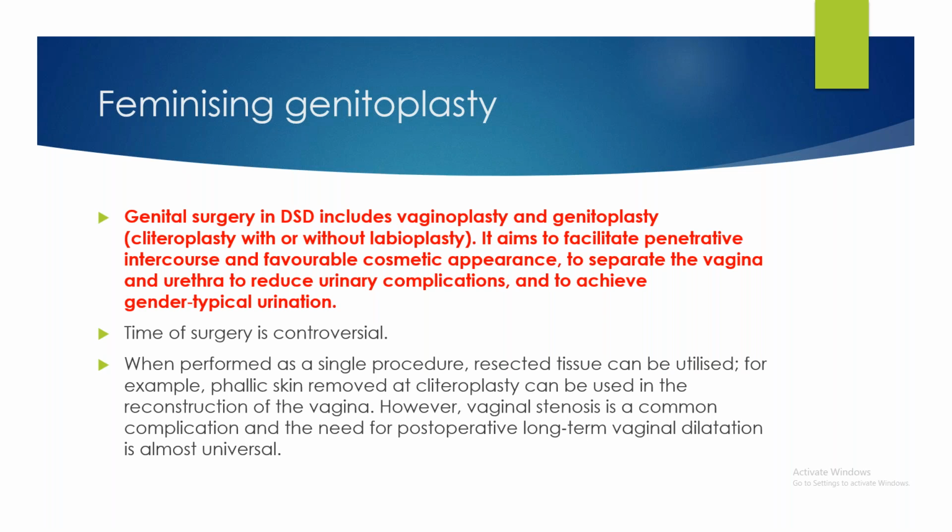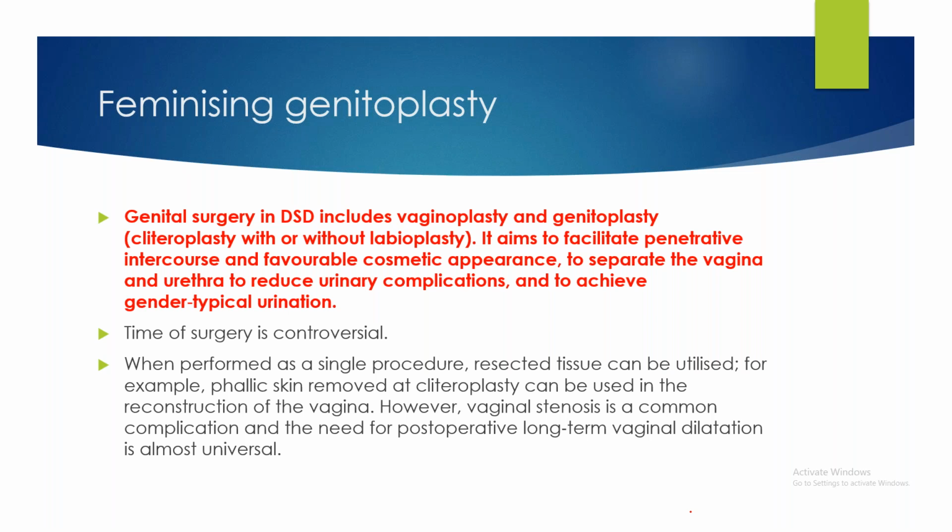But the time of surgery is controversial. If you do it in infancy, when performed as a single procedure, the resected tissue, like phallic skin, can be used for clitoroplasty or reconstruction of the vagina. But if you do it in early childhood, vaginal stenosis is a common complication, and postoperative long-term vaginal dilatation is required.